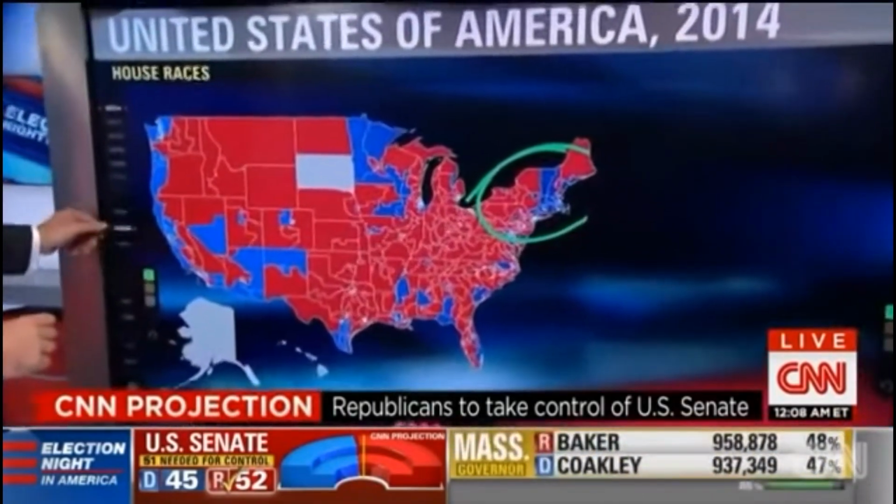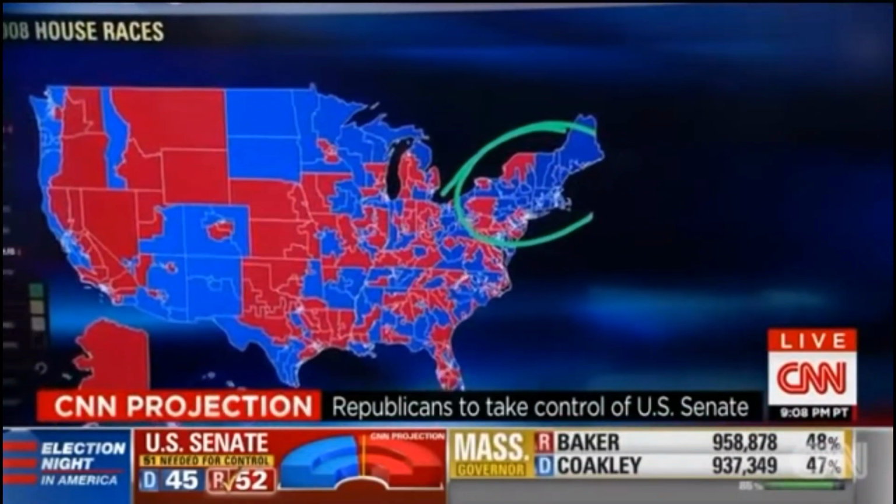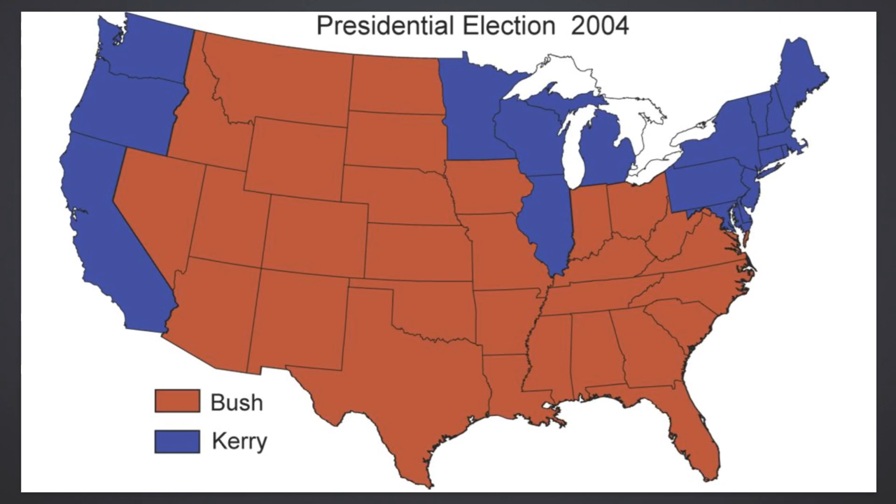The question is, is there a red state or a blue state? Is America two different parts? So a lot of the issues here are because of scale. You can see here, for example, the 2004 presidential election map, and depending on which way the Electoral College voted and the popular vote for each state, the colors are either red or blue for Bush versus Kerry, red again being for Republicans, blue being for Democrats.